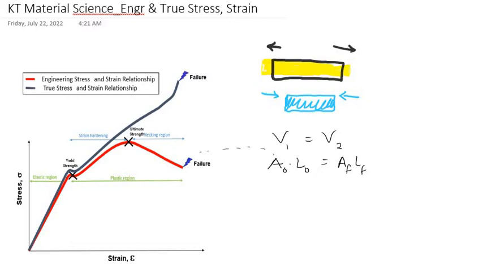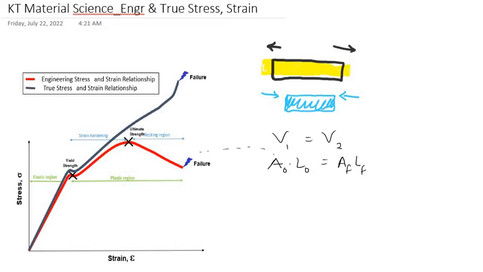But in the true sense, we are supposed to have values that are depicted in this true stress and true strain graph, and this is gotten by using the values of the final length, the final area and stuff like that.